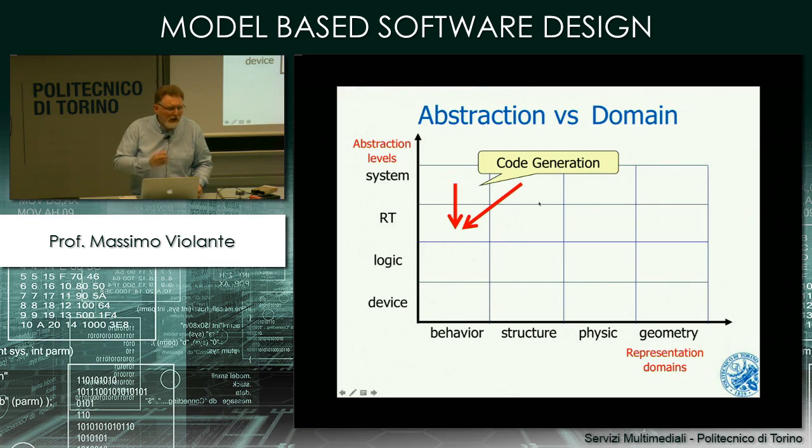We do code generation when we move from a higher abstraction level, the system level, to a lower abstraction level, the RT level. Code generation can be done starting from behavioral description, state machine, Stateflow, or structure, Simulink schematic. Okay? Do you have questions?